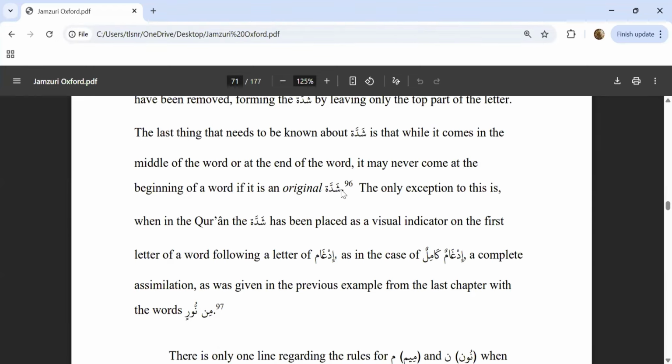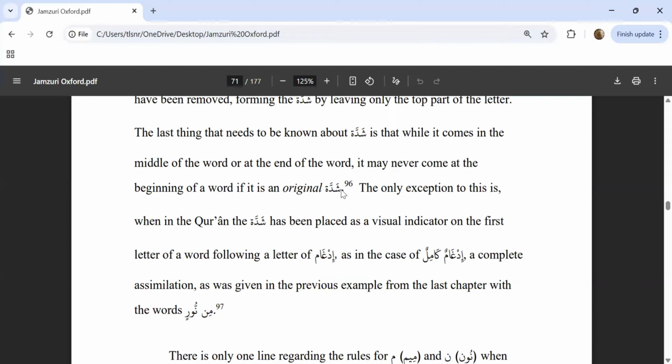Because, as we said, the shadda means that the first letter is sakina with a sukun, so we can't produce that speech sound if the first letter is with a shadda. So what do I mean here?